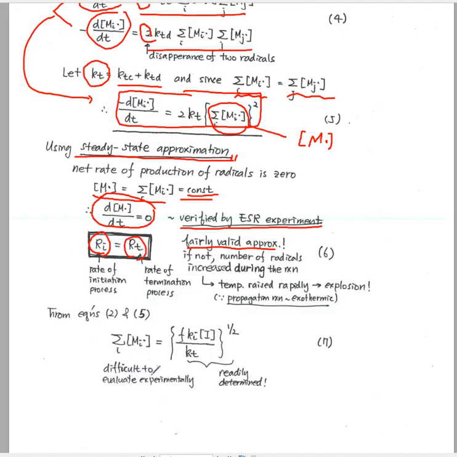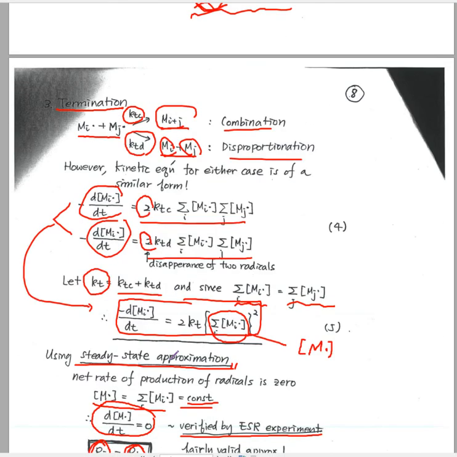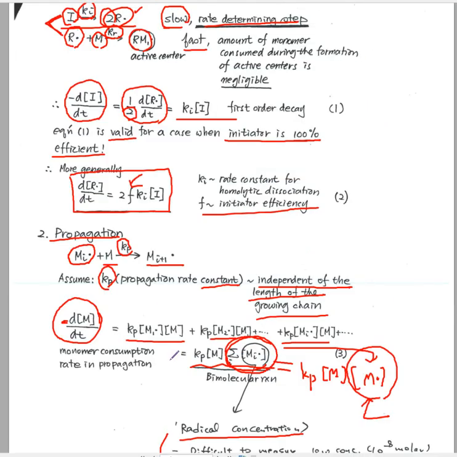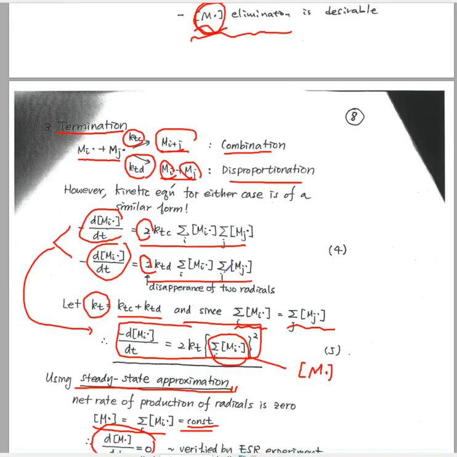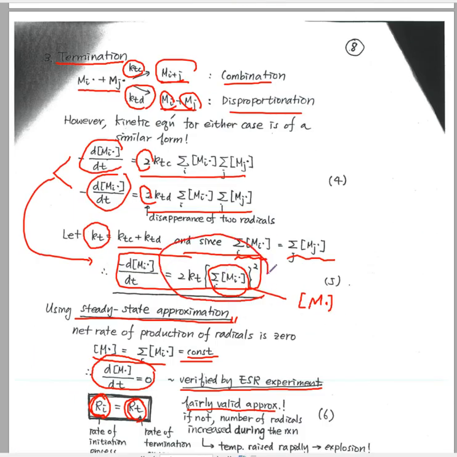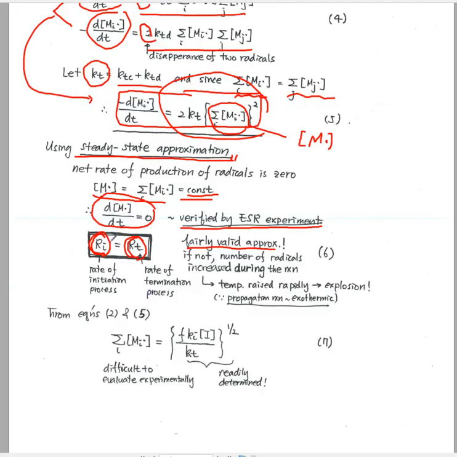Okay, so from the previous initiation rate and termination rate, if you use this term and this term, if they are the same, then you can just have this expression.